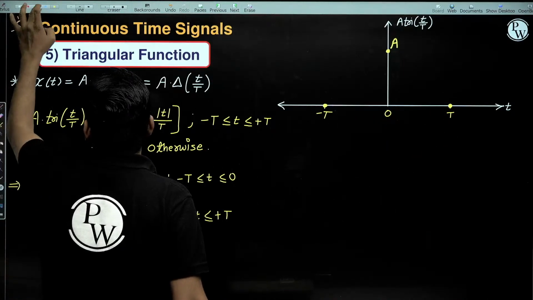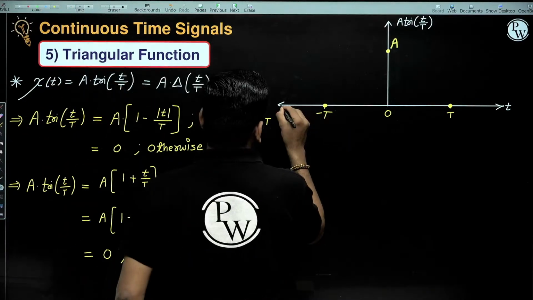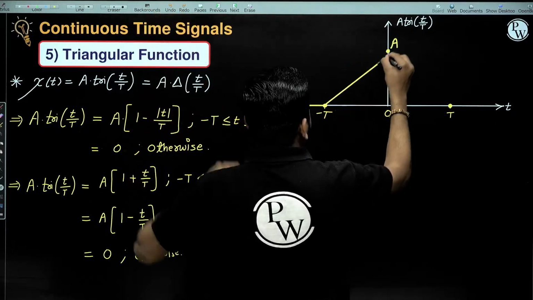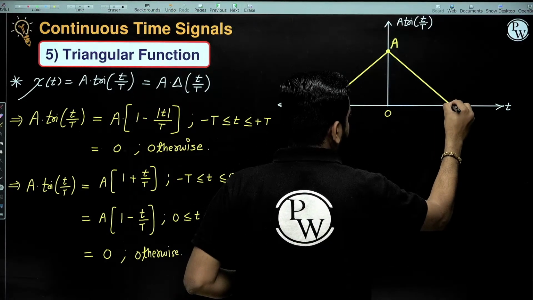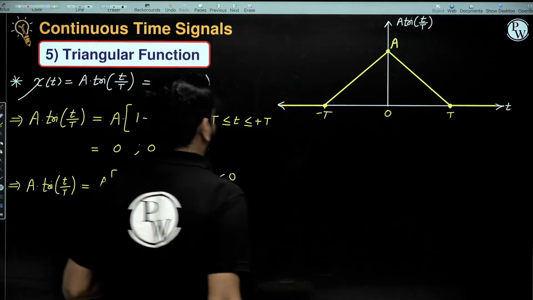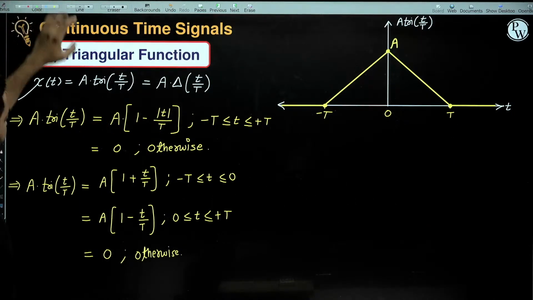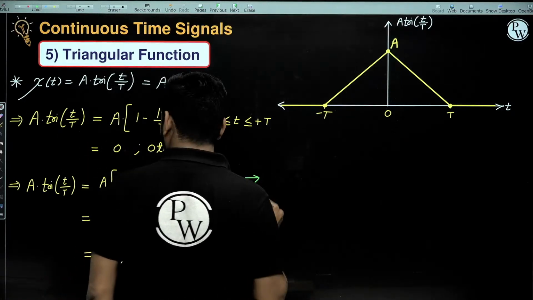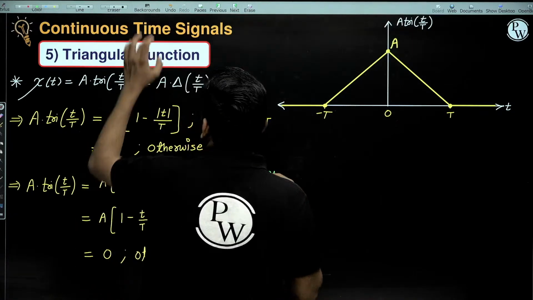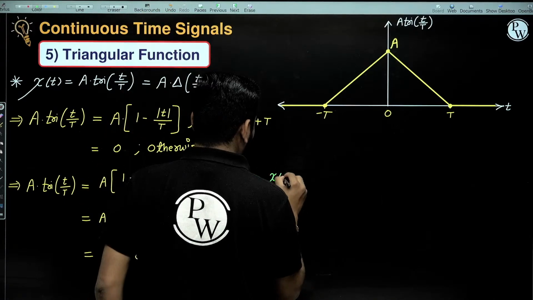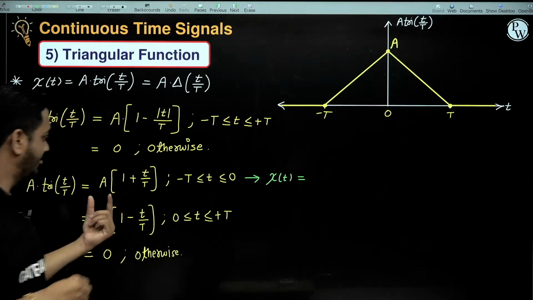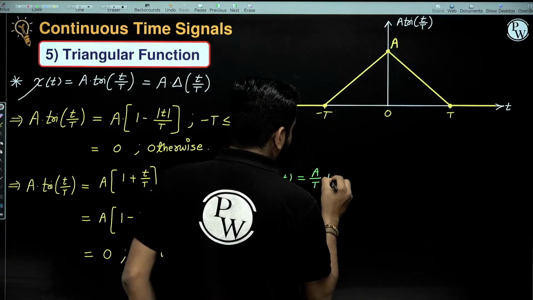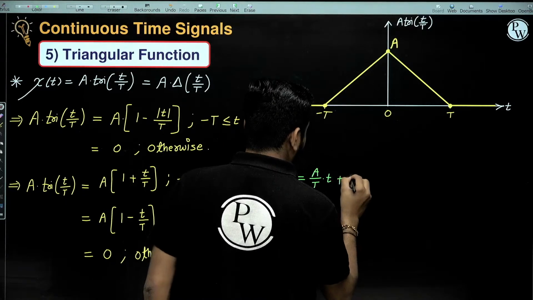Now, connect these two, increasing positive slope. Correct? Here you can see y equals mx plus c. For the x of t signal, it is A by T into t plus A, guys.